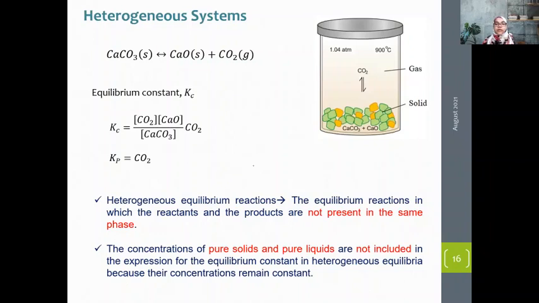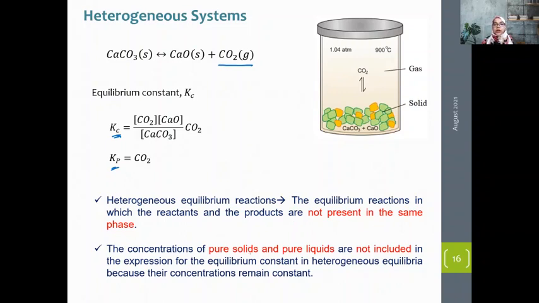Okay, for the heterogeneous system, for example, if we have calcium carbonate reacting to give calcium oxide and carbon dioxide, the equilibrium constant can be based on the concentration, or for the gas phase, we only consider the carbon dioxide. Okay, the heterogeneous equilibrium reaction is the equilibrium reaction in which the reactant and the product are not present in the same phase.